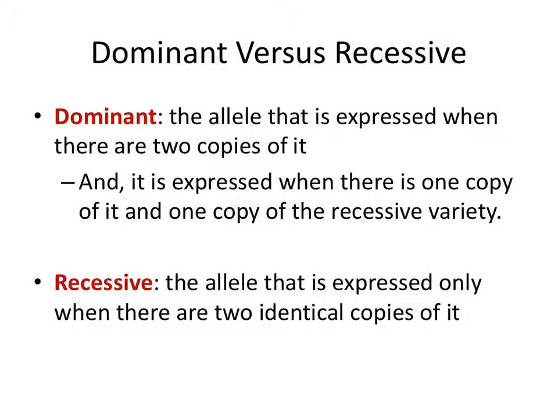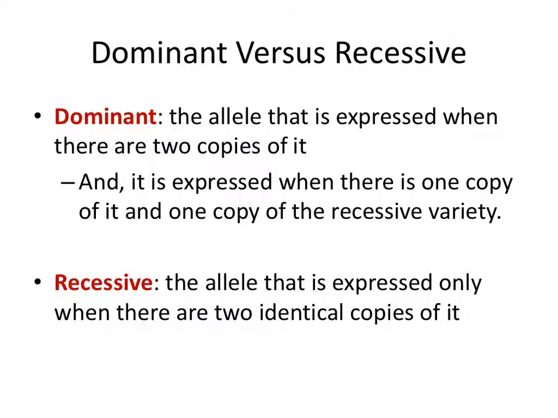So, the dominant allele is a variant of a gene that is expressed when there are, let's say, 2 copies of it. Well, that's not really true. That's misleading. A dominant trait, as long as there is 1 large B, will be the dominant trait.